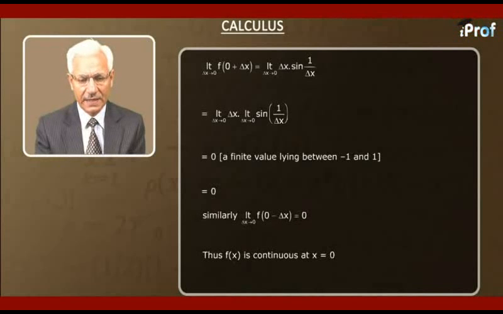Similarly, limit delta x tends to 0 of f of 0 minus delta x is equal to 0. This shows f(x) is continuous at x equal to 0.